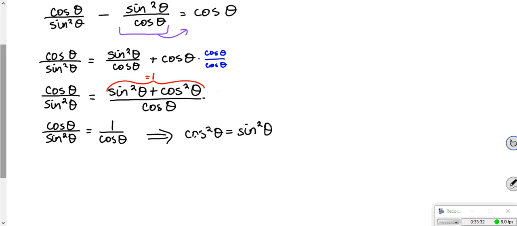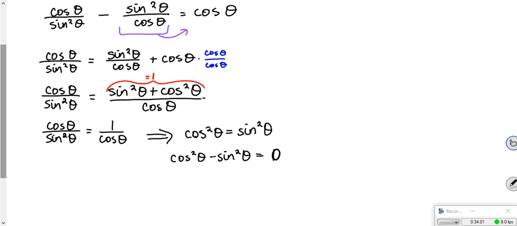Cosine squared theta equals sine squared theta. Now, if I pull the sine squared over, then I've got cosine squared theta minus sine squared theta equals 1. Sorry, equals 0. I don't know why I said 1. I think I'm used to the trig identity. Cosine squared theta minus sine squared theta equals 0.